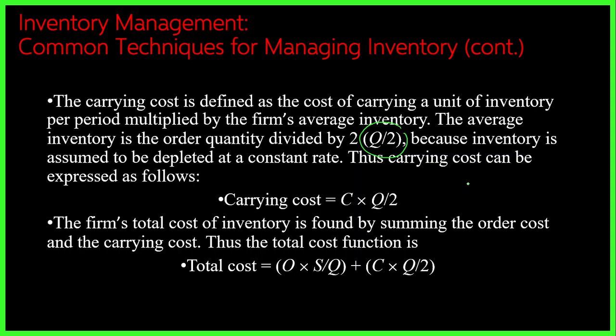Because in accounting, hindi lang naman sa accounting, but even in finance, most of the time, if we talk about average inventory, average AR, average receivable account, the formula is the beginning balance plus the ending balance, divide that by 2. Okay po.